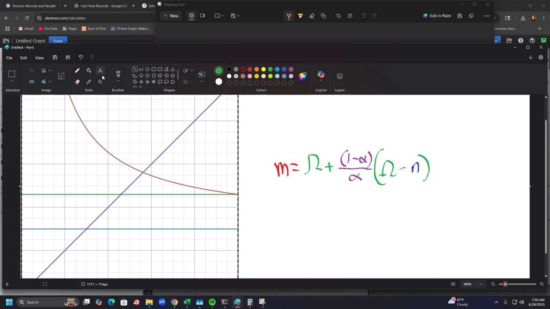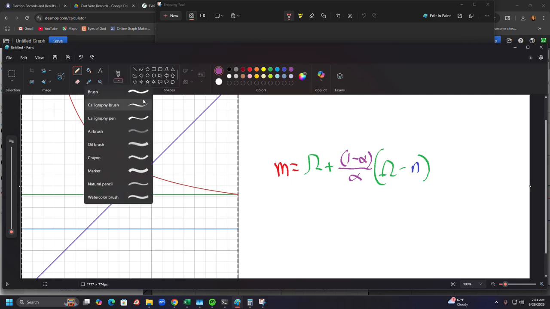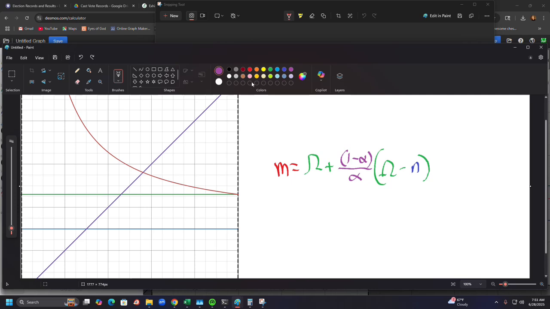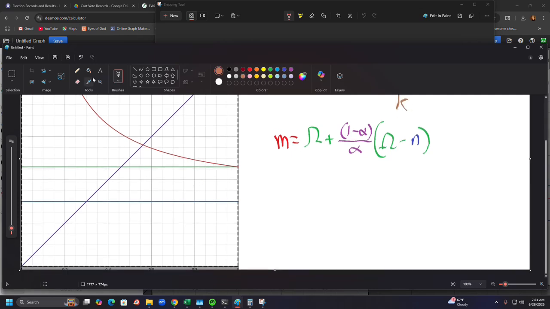When we say omega plus something, it means omega is a point of reflection. So the distance from omega to n, let's call that k. Okay, k equals omega minus n. So we go plot k somewhere. So here's k, and that's the constant over the whole cast vote record.